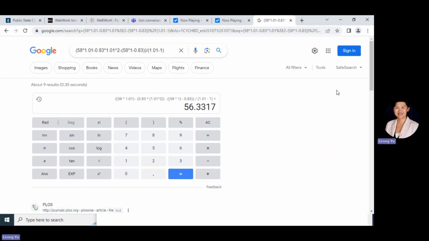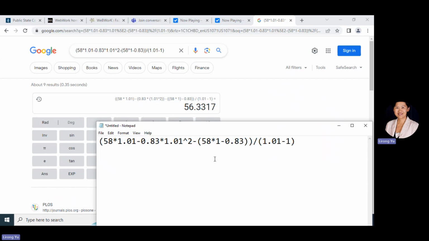So the answer is that. Any questions? I'm not done with mine yet. This is the overall structure: the numerator is the subtraction of the two y values, and the denominator is the subtraction of the two x values.